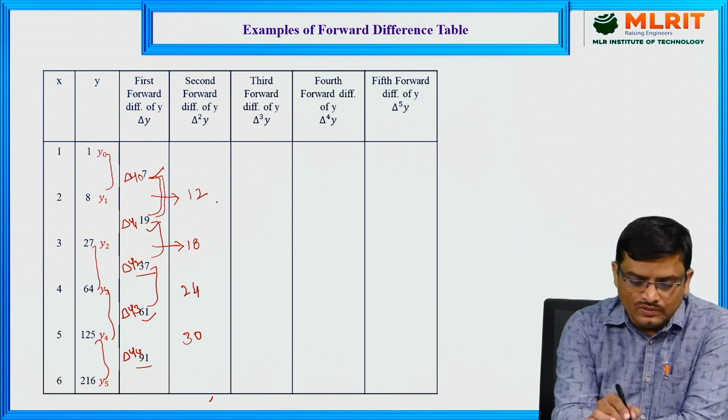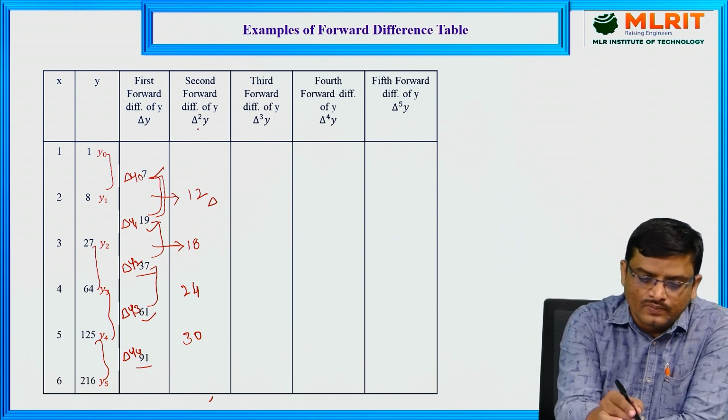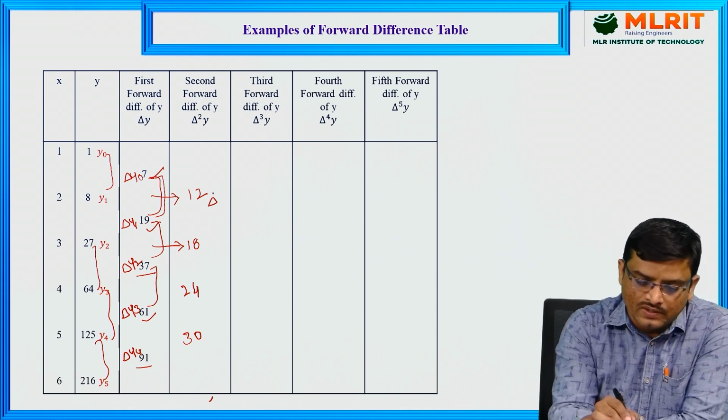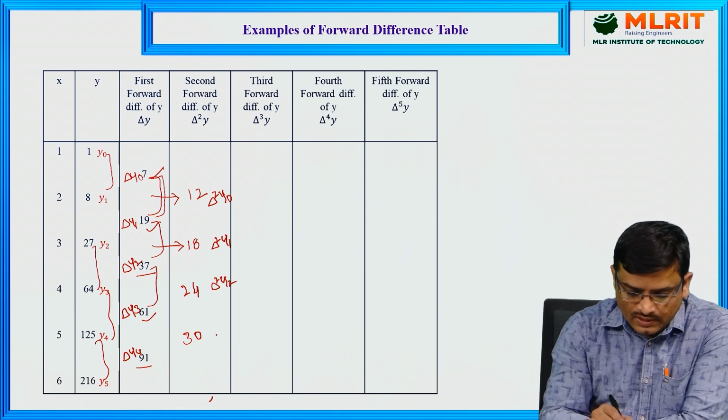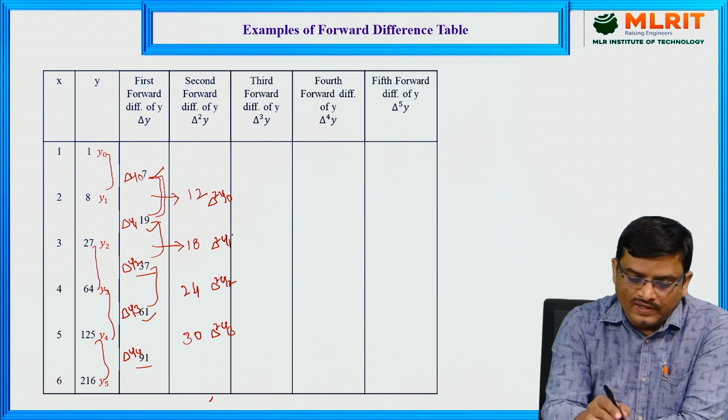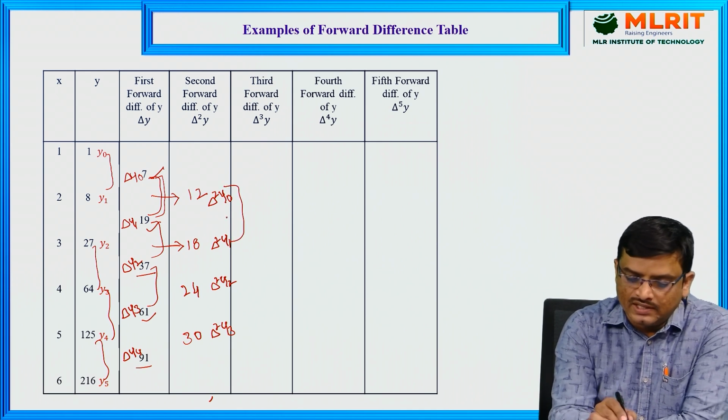Since these are second forward differences, they are represented with delta square: delta square y0, delta square y1, delta square y2, and delta square y3. Now find out the differences of these once again in the next column.